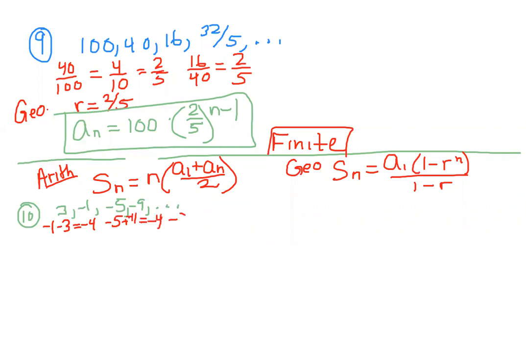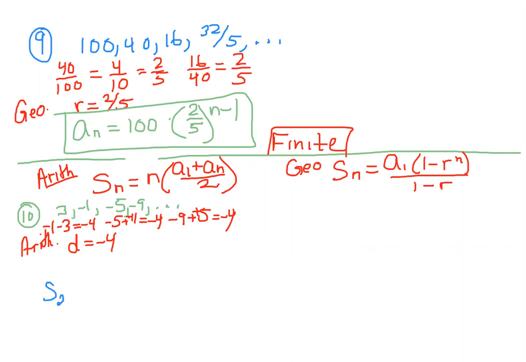And -9 minus -5, we get -4. So this is arithmetic. And D is -4. Do we need D? We do not. We need, oh, what did it ask us? It asked us to find S26.